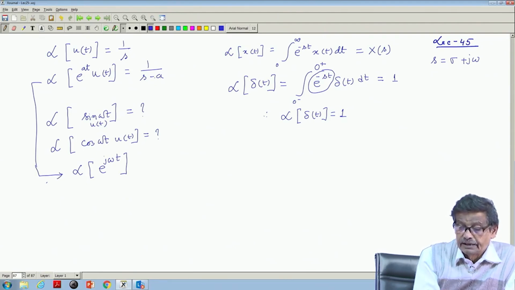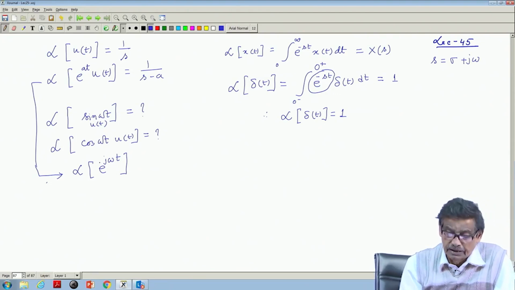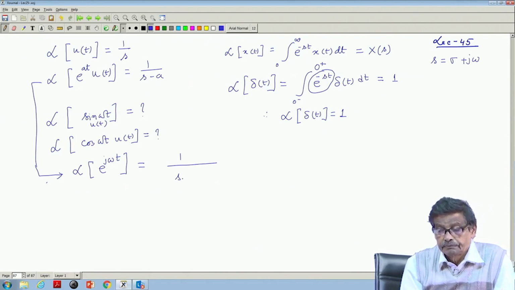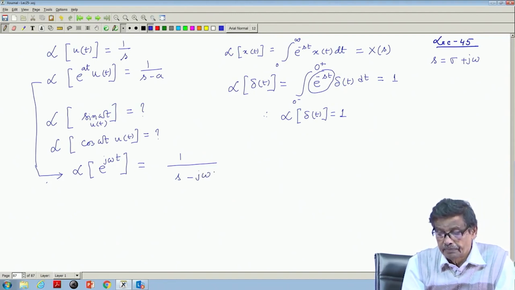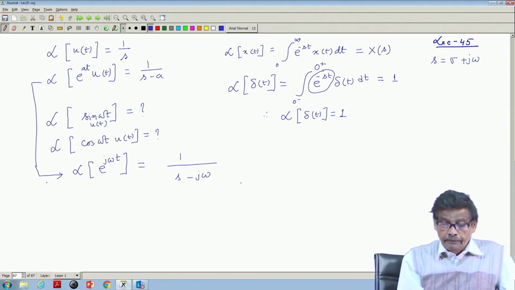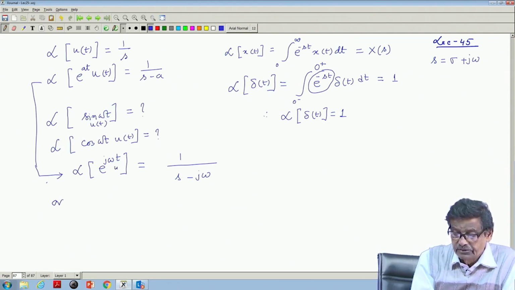Using that result, where j omega is the imaginary constant number, by virtue of this formula it is equal to 1 over s minus a, that is, s minus j omega, because the value of a is j omega in this particular case.